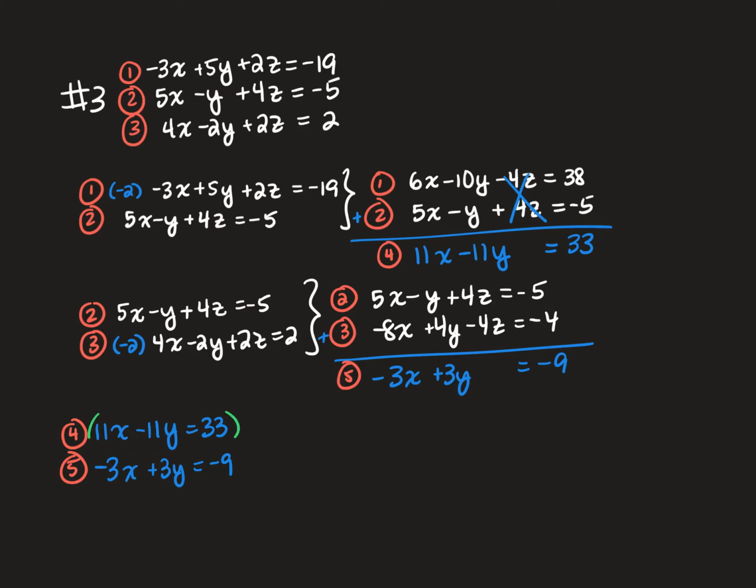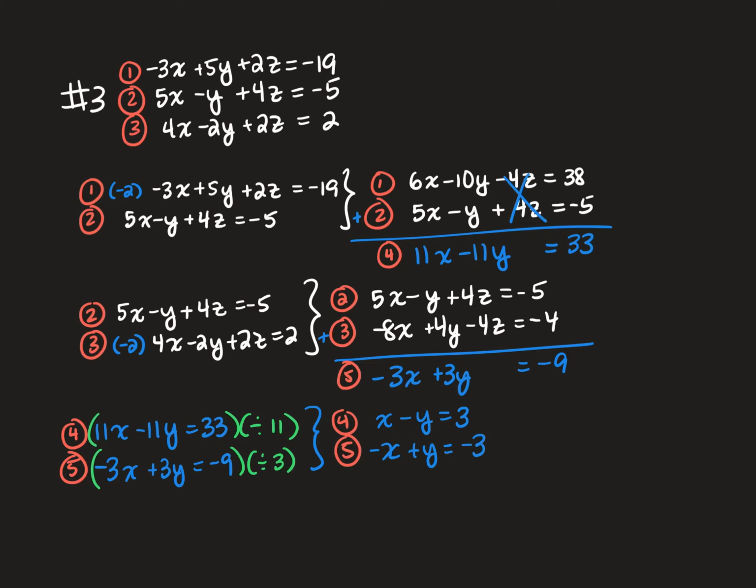So what I'm going to do is divide that entire equation by 11, and divide this entire equation by 3. And part of the reason I'm doing that is that I noticed that we have a greatest common factor in both of those equations. So I can sort of reduce the equations a little bit, make them easier to work with. So that's going to leave me with x minus y equals 3, and -x plus y equals -3.